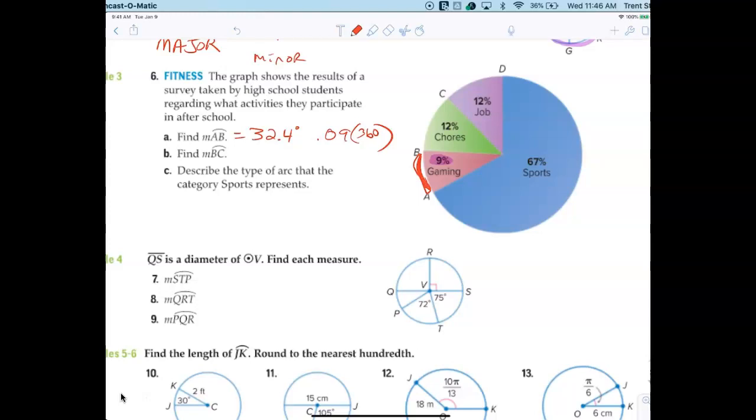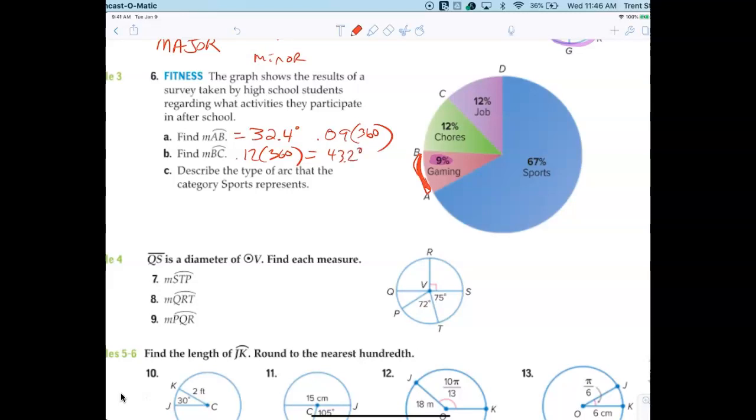All right, so let's everybody calculate the measure of BC. So we're going to say that's 0.12 times 360, right? Which is, somebody tell me? 43.2.